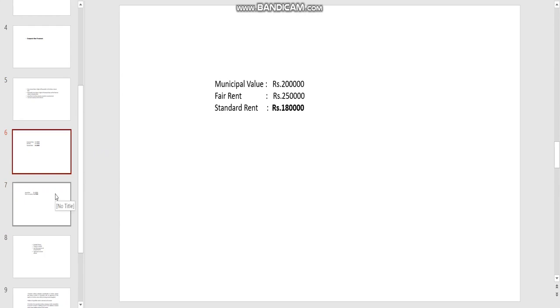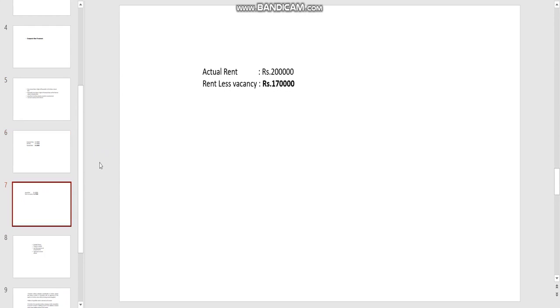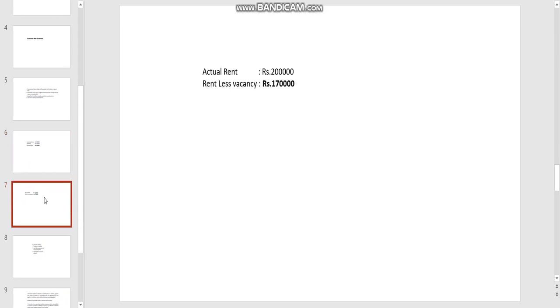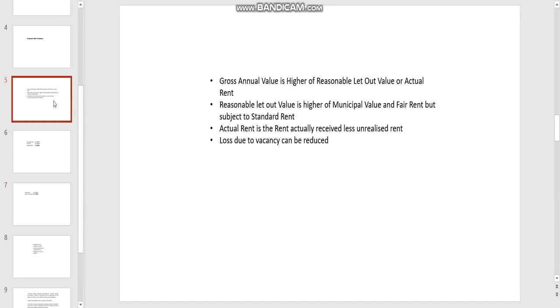But because of vacancy, it has come down to 1 lakh 70,000, and 1 lakh 70,000 is less than 1 lakh 80,000. So the actual rent is less than the reasonable rent just because of vacancy. In this case, the actual rent will be taken as 1 lakh 70,000, and the gross annual value will also be taken as 1 lakh 70,000.